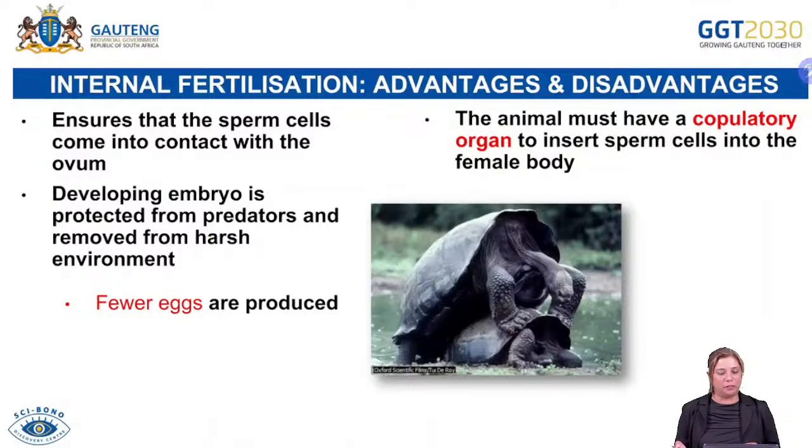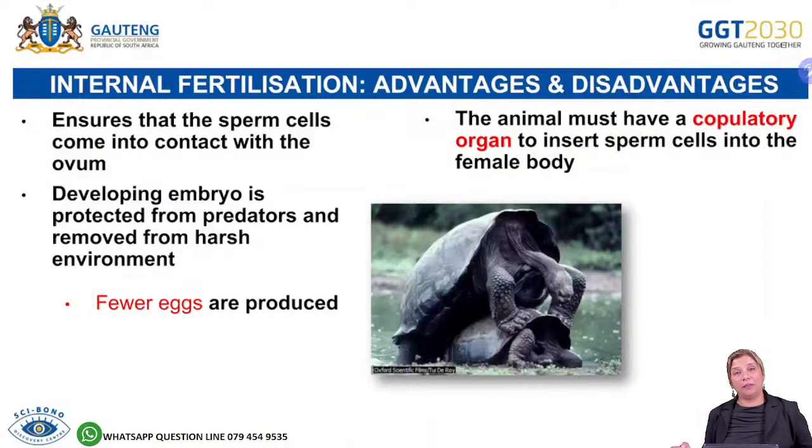So let's talk about internal fertilization. Internal fertilization has both advantages and disadvantages. So now can you see how these facts are so easy to remember? Because it's so interesting. So you can get these 8 marks. It ensures that the sperm cells come into contact with the ovum. So in internal fertilization, as you can see, there you have the one tortoise over the other tortoise, and it's inserting the sperm inside the female.